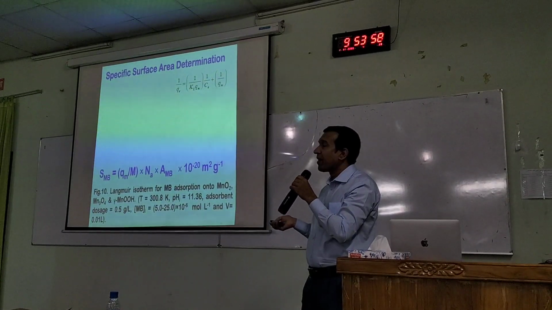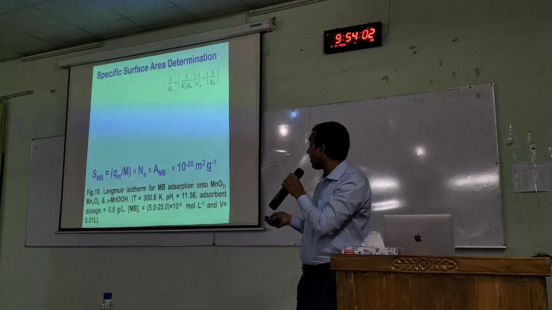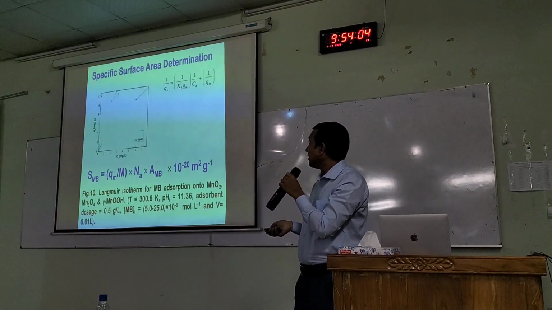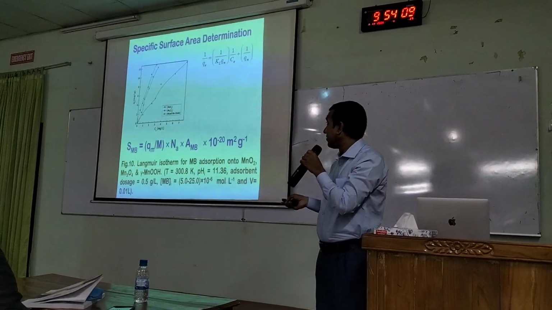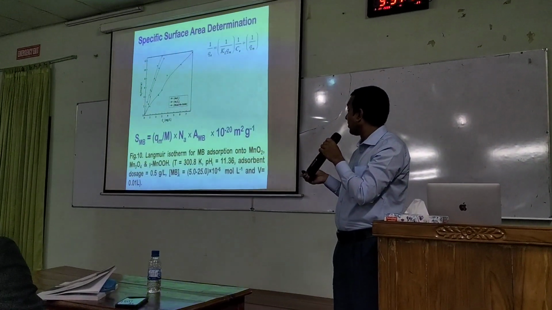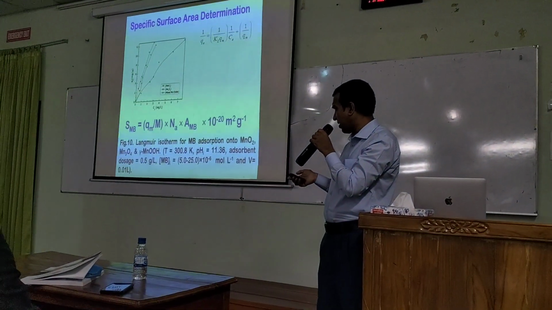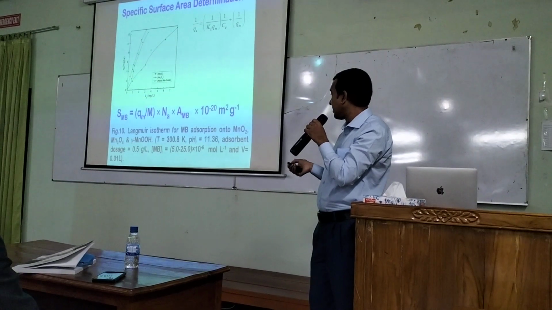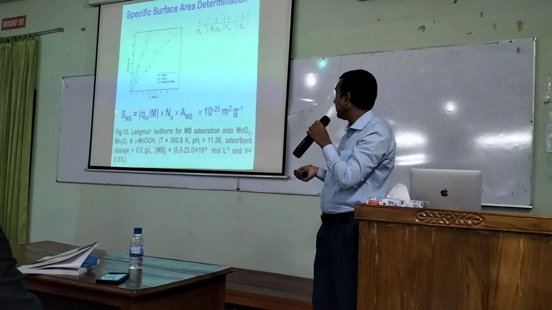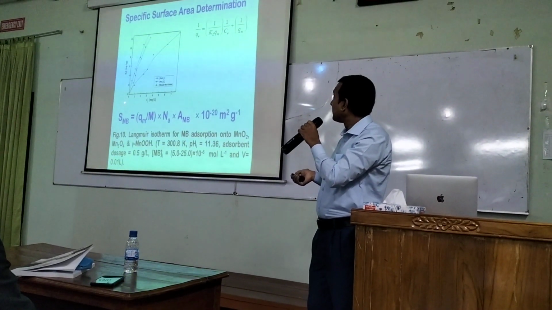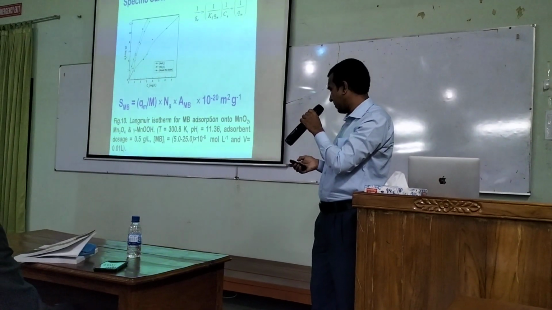Then we determine another interesting property of the adsorbent, which is specific surface area, using the methylene blue adsorption method. Initially we conducted an isotherm study for monolayer adsorption capacity determination, and then we determine specific surface area using this formula.